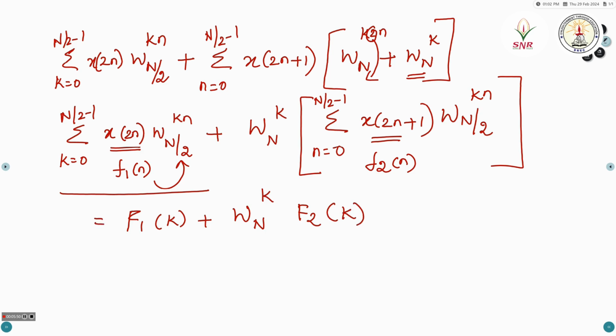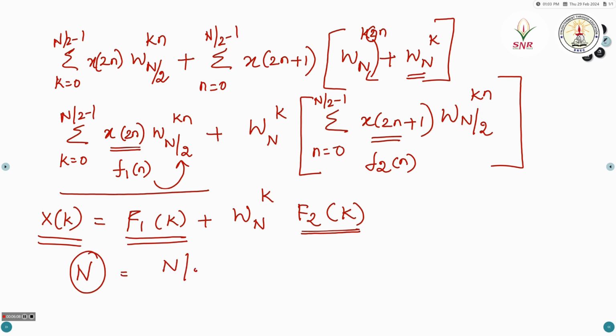So this is equal to my X(k). Now the 8-point DFT is split into a 4-point DFT, F1(k), and another 4-point DFT, F2(k), or my N-point DFT is split into an N by 2-point DFT plus another N by 2-point DFT.